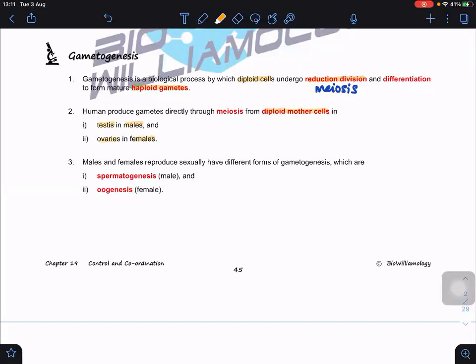For male, the process that produces the male gamete is termed spermatogenesis, which is relatively not so complicated compared to female oogenesis, where the female is going to form the oocytes, or secondary oocyte, when they are going to ovulate.